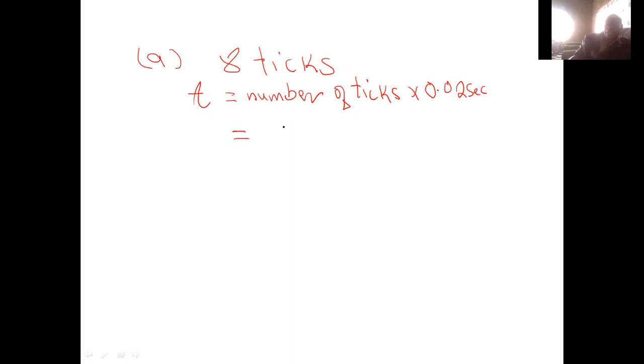This gives us 8 multiplied by 0.02 seconds, which gives us 0.16 seconds. This is the time interval from the first tick to the last tick.